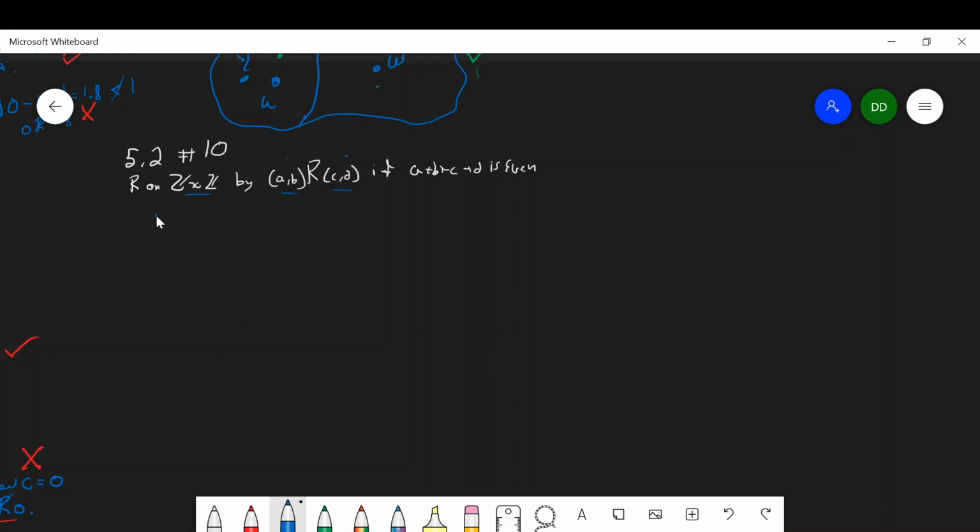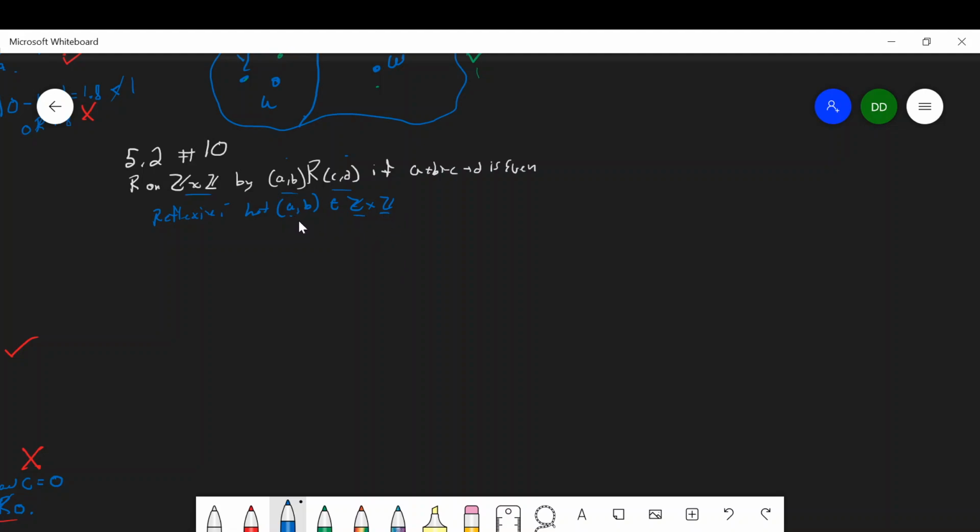So let's start going through it. Reflexivity. Here I want to check that every pair of integers is related to itself. So let (A, B) be an arbitrary element of this Cartesian product. I don't just have A like in the other ones; I have an arbitrary element of my set, in this case a Cartesian product.